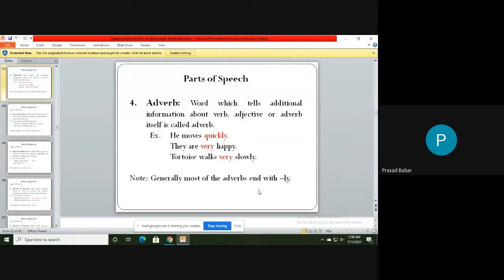So if ly comes after the word, then it will be easy to identify, and we can easily identify it as an adverb. If we find ly after the word, then it will be an adverb.